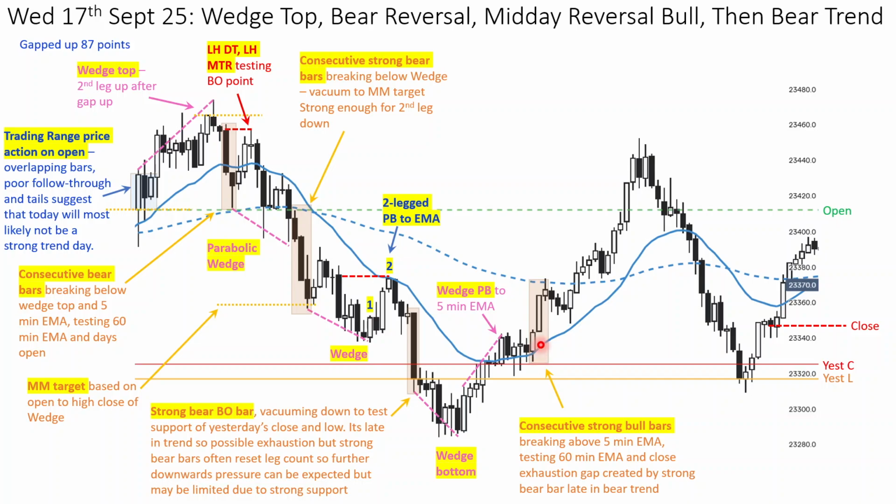above the 5-minute EMA, with follow through testing the 60-minute EMA shown by the dashed blue line, from which there was a little bit of a pullback, possibly a wedge 1, 2, 3, or a two-leg pullback.